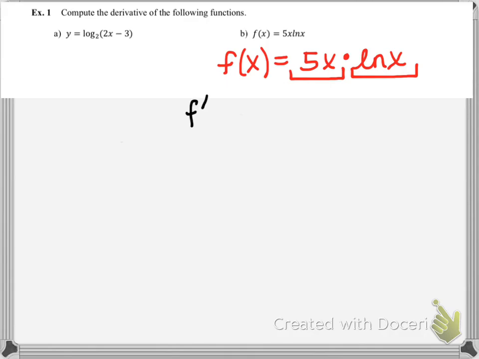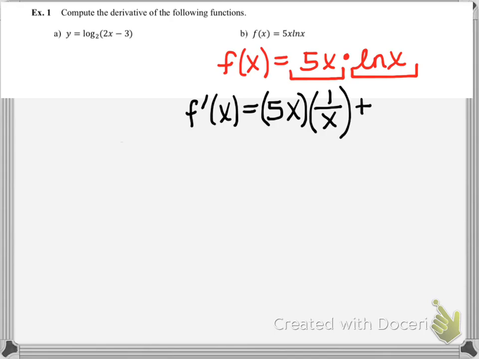So utilizing my product rule, we start with the first function, which is 5x, and we multiply that by the derivative of the second function, which is natural log of x. The derivative of natural log of x, we just figured that out, that's 1 over x.